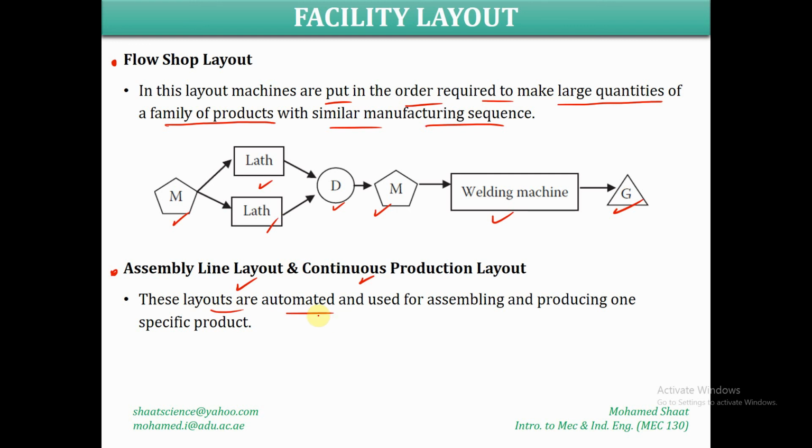They depend on robots and automated machines, and are used for assembling and producing one specific product, and these automated machines are arranged to make this product, and that's it. It means this facility can make only one specific product and assemble it. So the assembly line layout and the continuous production layout are kind of similar. They are automated and very limited to a specific product.